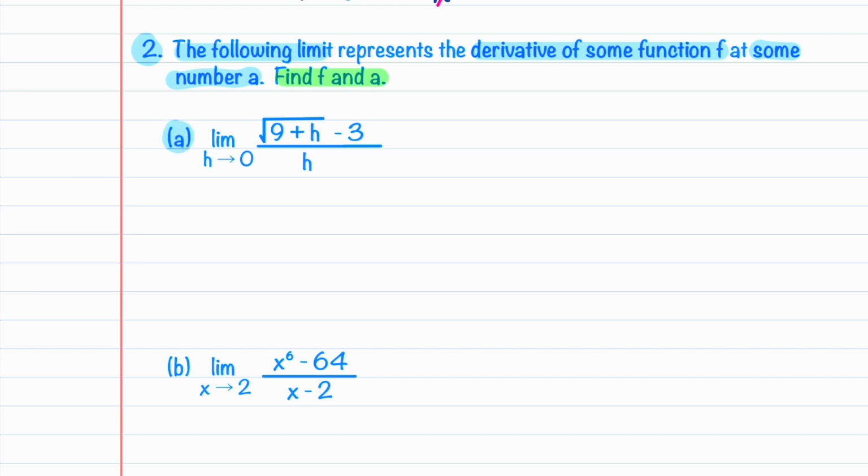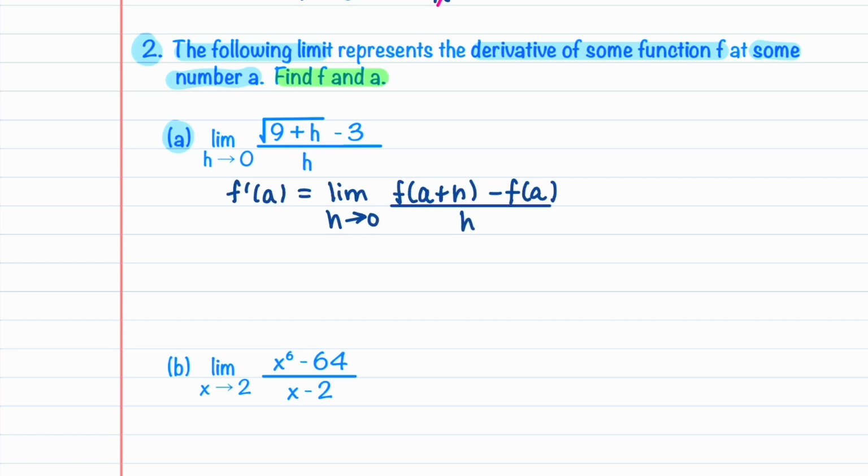In part A, our limit is going to correspond to this definition of the derivative. F prime at a is the limit as h goes to 0 of f of a plus h minus f at a, all divided by h.